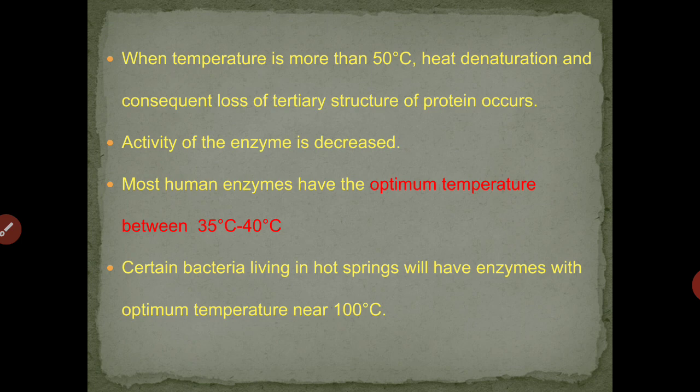Most of our human enzymes are active between 35 to 40 degrees Celsius, and they have an optimum temperature between 35 to 40 degrees Celsius. Whereas certain enzymes have an optimum temperature near 100 degrees Celsius, which are bacterial enzymes, for example Taq polymerase, which is active in higher temperatures.